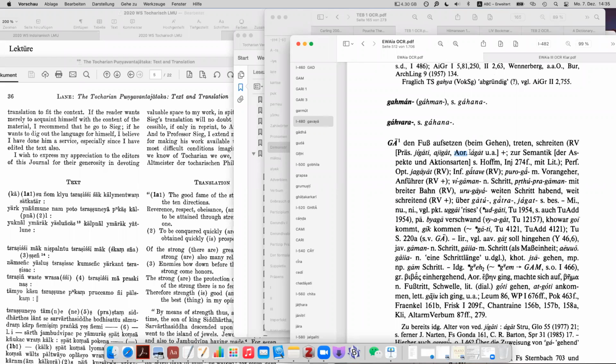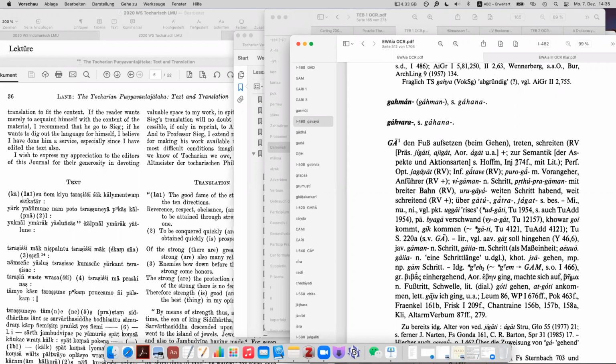And then the aorist is actually a root aorist, but the present is a reduplicated present. And for the semantics, namely the aspect and Aktionsart, you can check the book Injunctive by Karl Hoffmann.